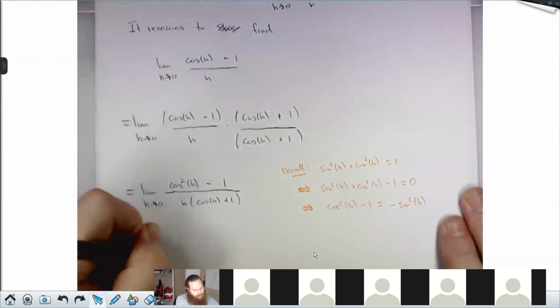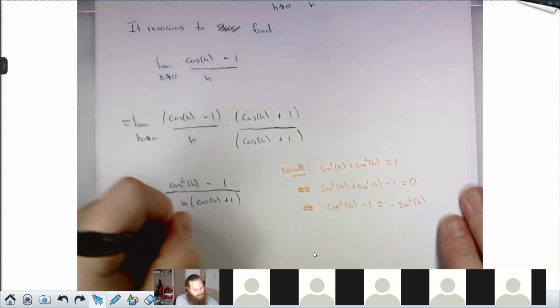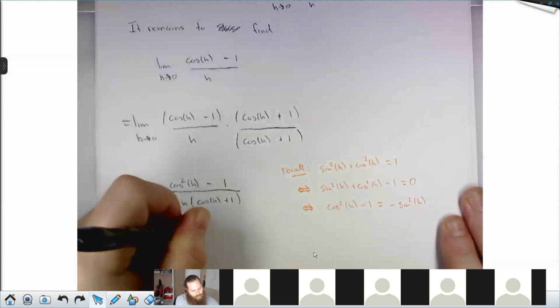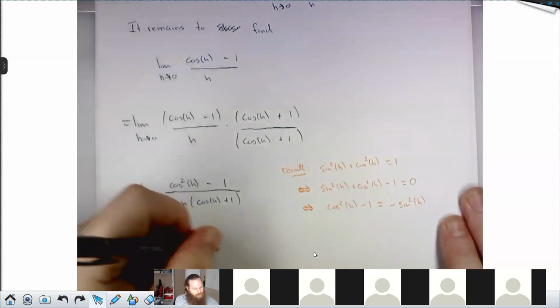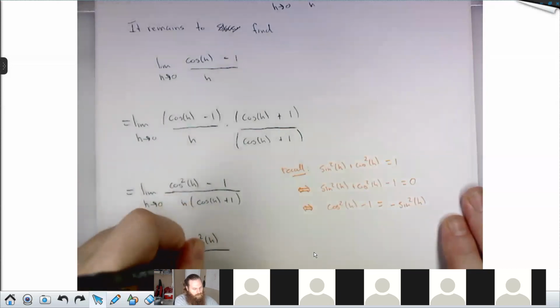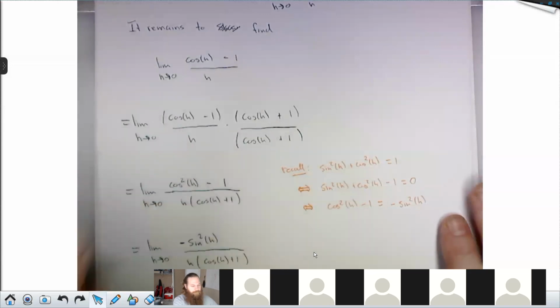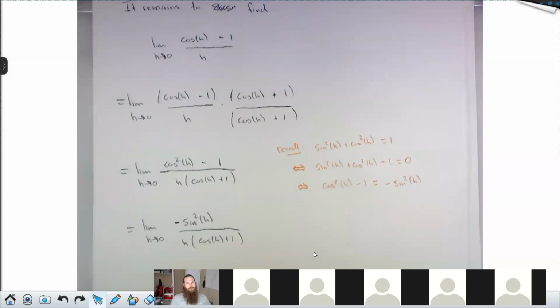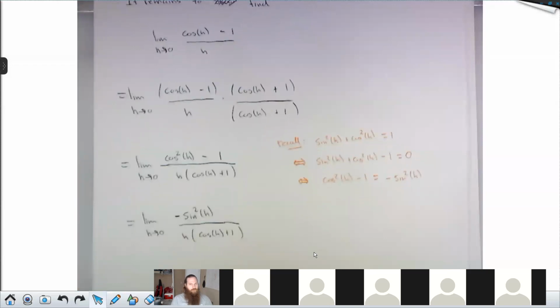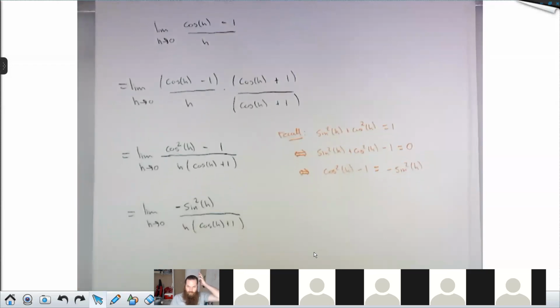This is the limit as h goes to 0 of negative sine squared h over h times cos h plus 1. Pretty sneaky algebra, or trigonometry if you want.